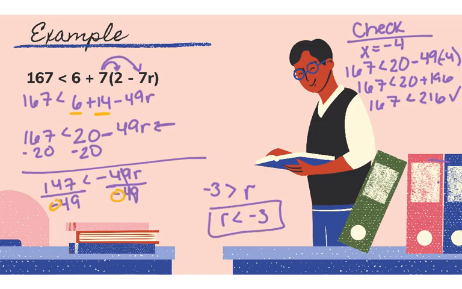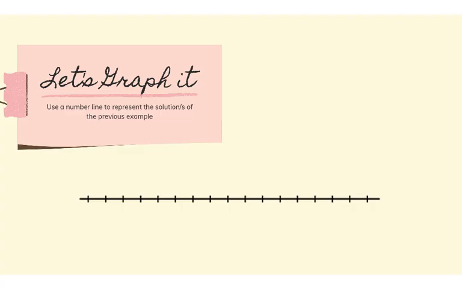That does work. So remember, when we find our solution, now we need to graph it. Well, we've got r is less than -3. So I'm going to plot some numbers up here: -1, -2, and so on.